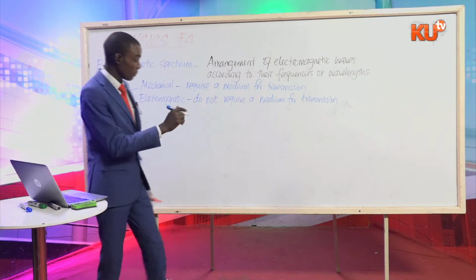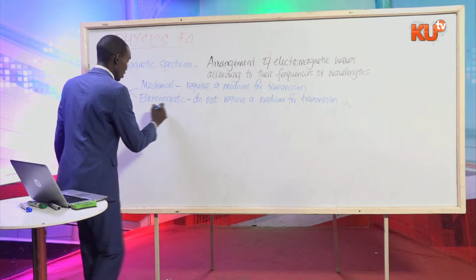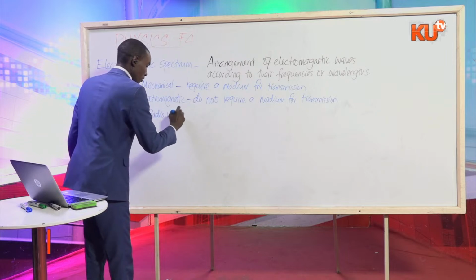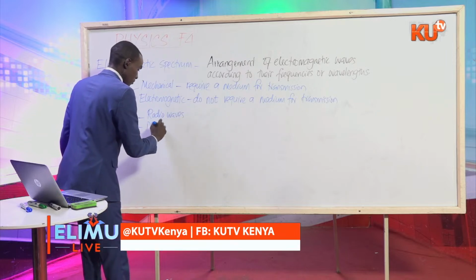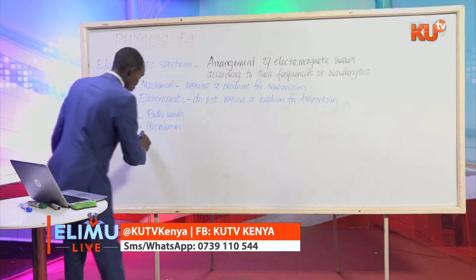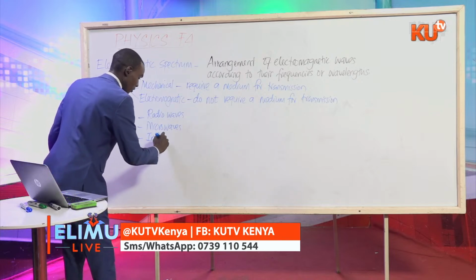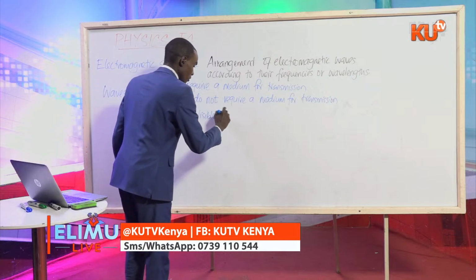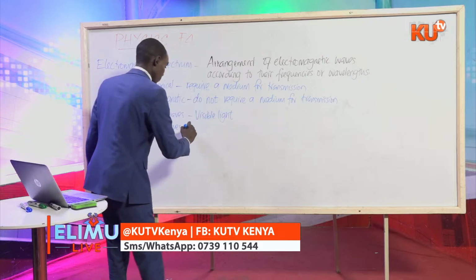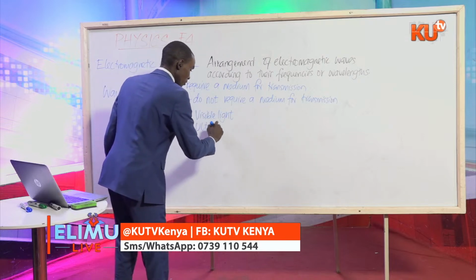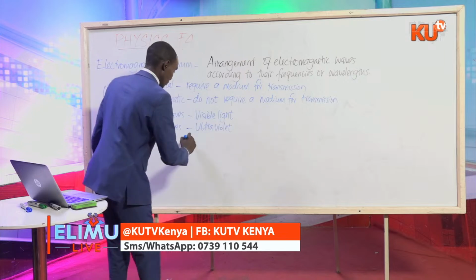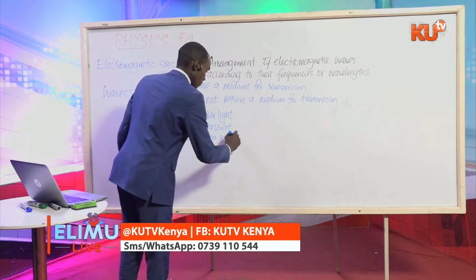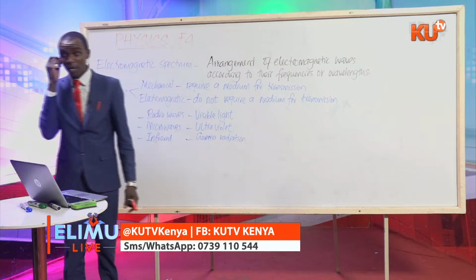And we can give examples. Examples of these electromagnetic waves include radio waves, microwaves, infrared, visible light, ultraviolet, and gamma rays or gamma radiation.